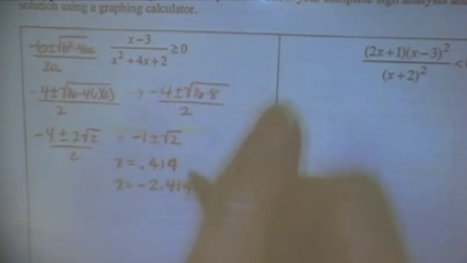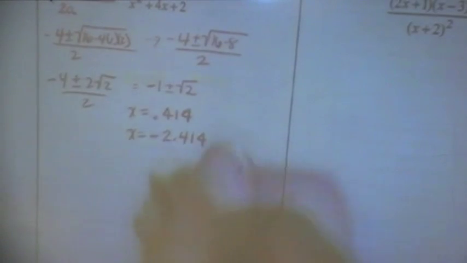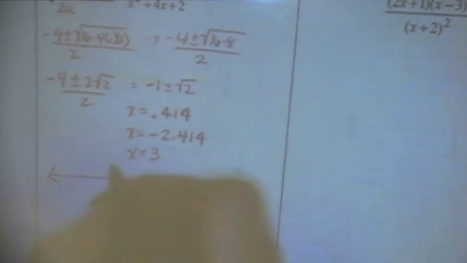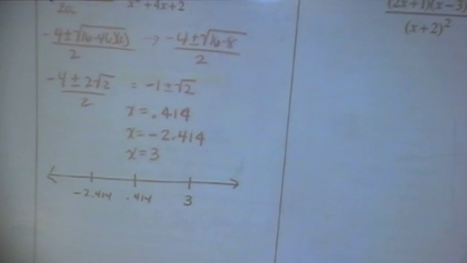And don't forget, we also are concerned with the top factor, x minus 3. So I know x also equals 3. So I can put this on a number line. So I've got -2.414, and then 3. We've got to check each region here.